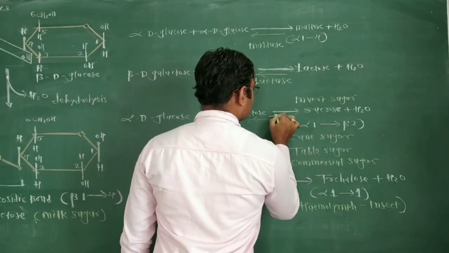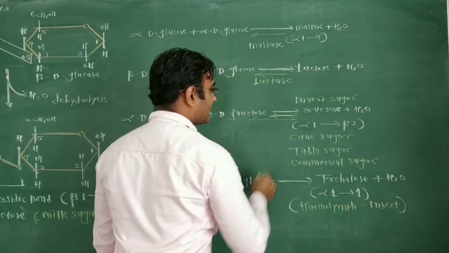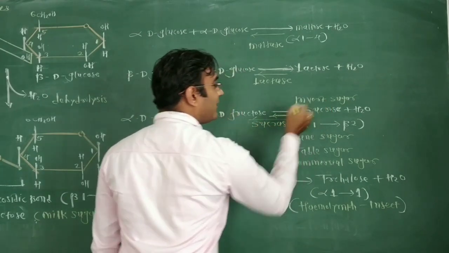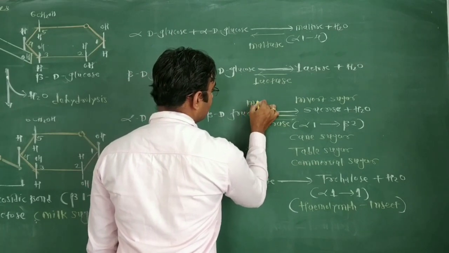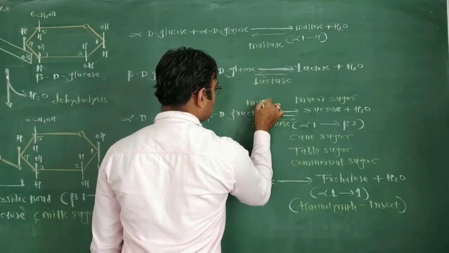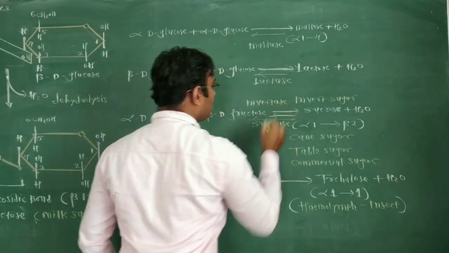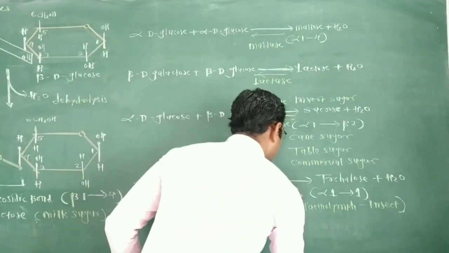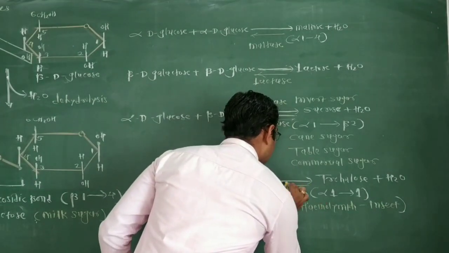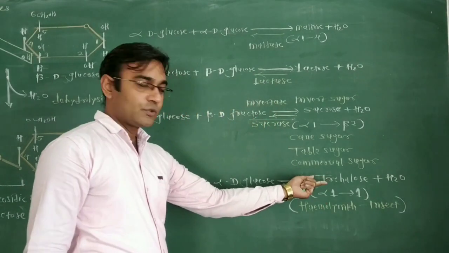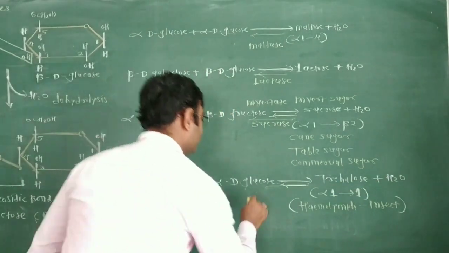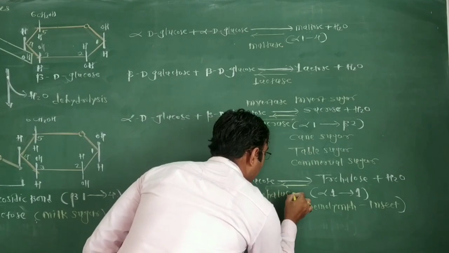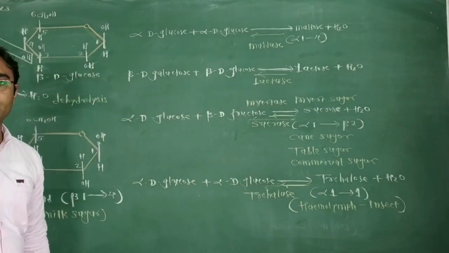Sucrose reacts with water in the presence of the enzyme sucrase, also called invertase, so we get fructose plus glucose. Trehalose reacts with water with the enzyme trehalase and produces glucose plus glucose.